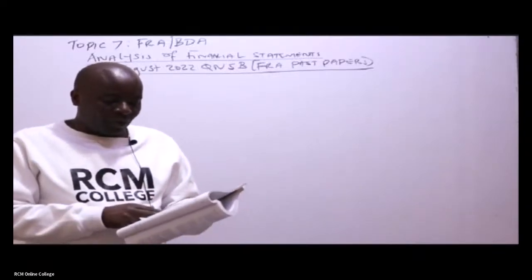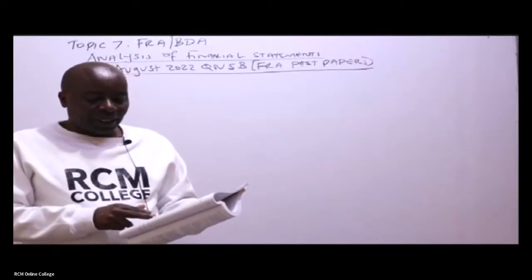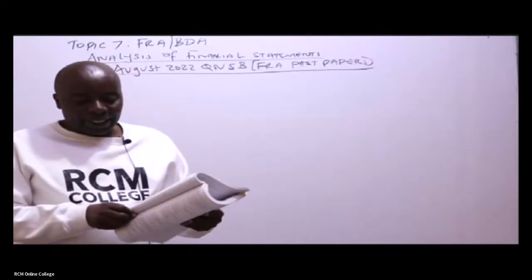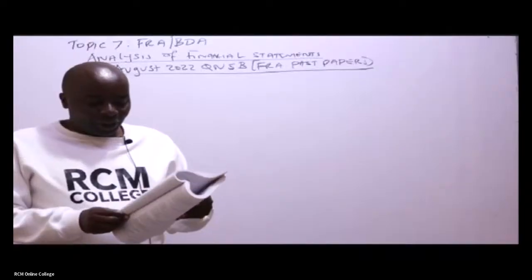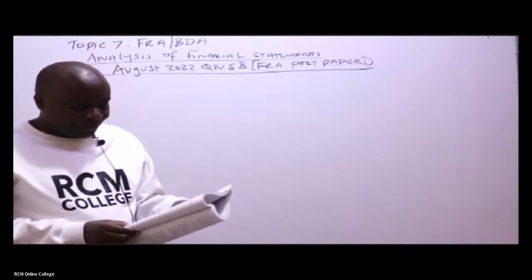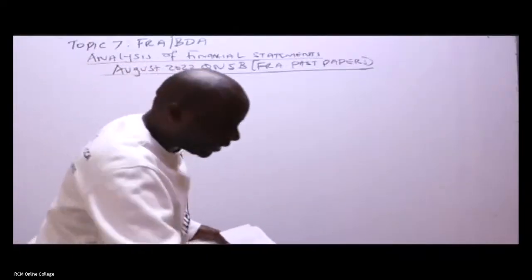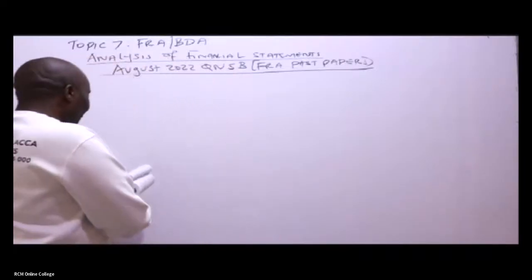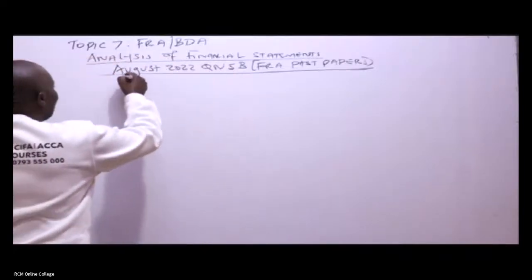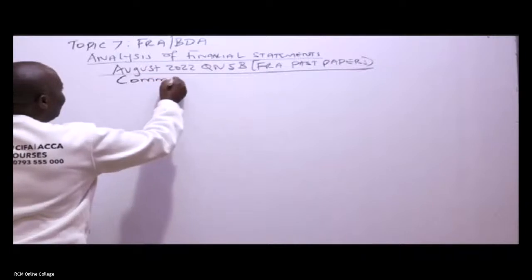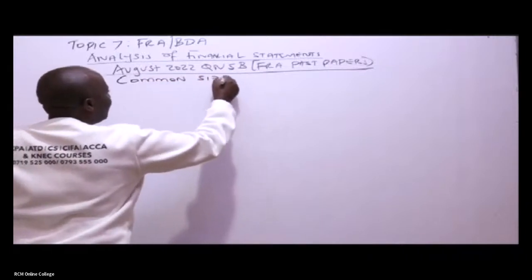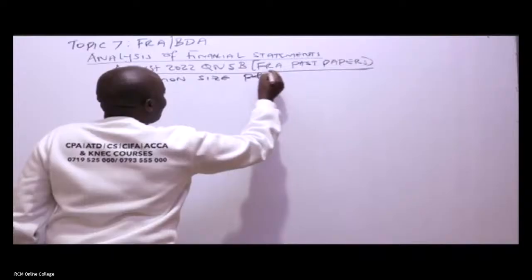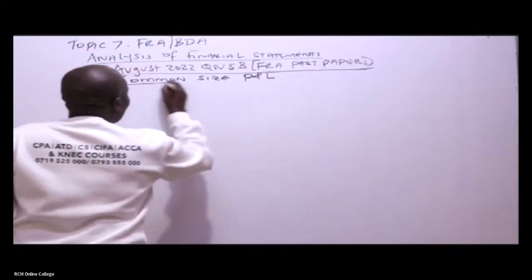They want me to give them common-size statements of P and L for the two entities for the year ended 30th April 2022. All right, so we start with that one first. We start with the common size P and L. Very easy.